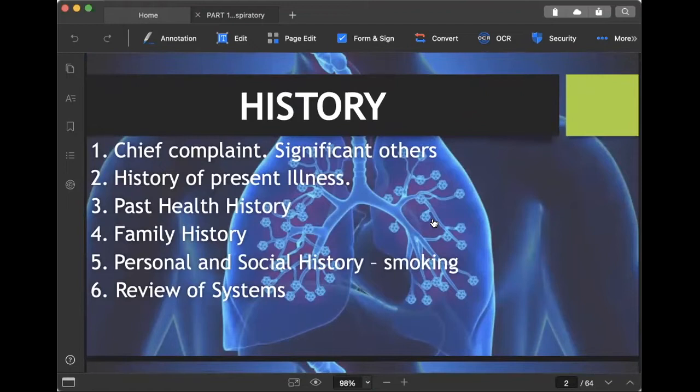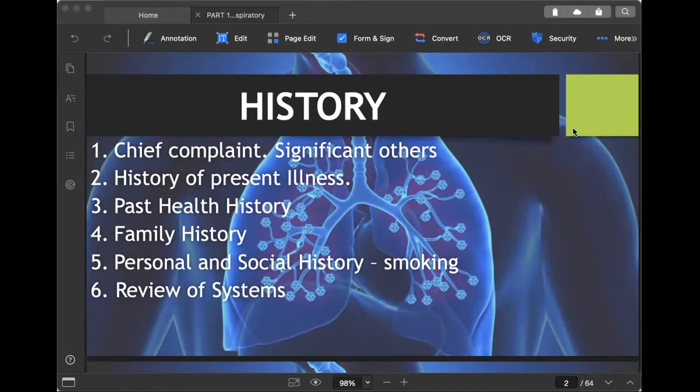We also gather information about the history of the present illness, as well as the past health history, the family history, the personal and social history, such as whether the patient is a smoker or frequently uses vape for recreation, and the review of systems.